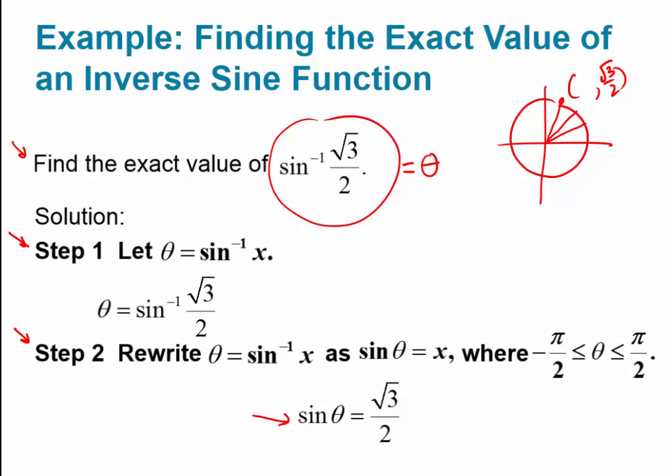Sine of what angle gives us the square root of 3 over 2? Well, we talked about it on our unit circle already. This is an angle of 0, this is an angle of pi over 6, pi over 4, pi over 3. So we would say then sine inverse of the square root of 3 over 2 is equal to pi over 3.